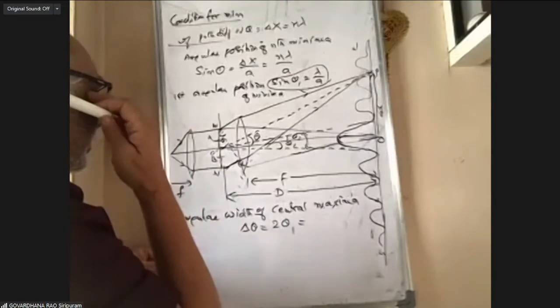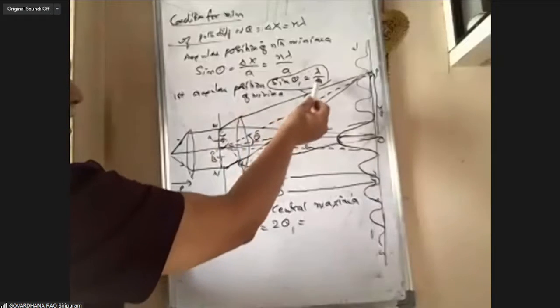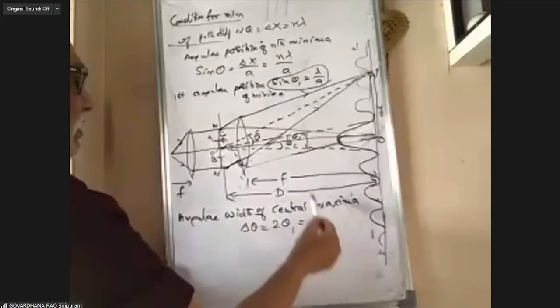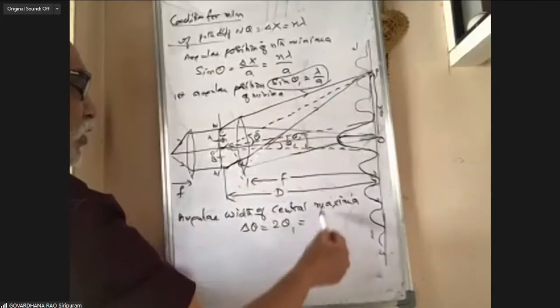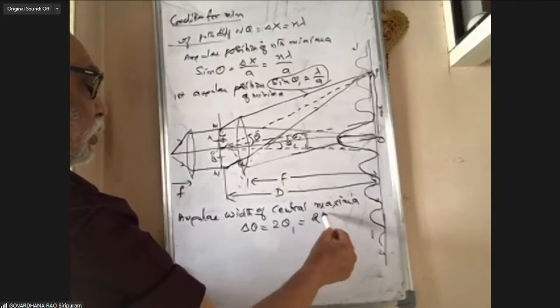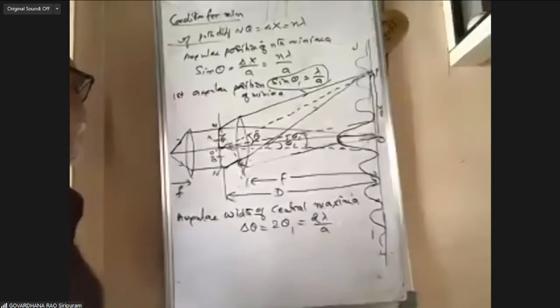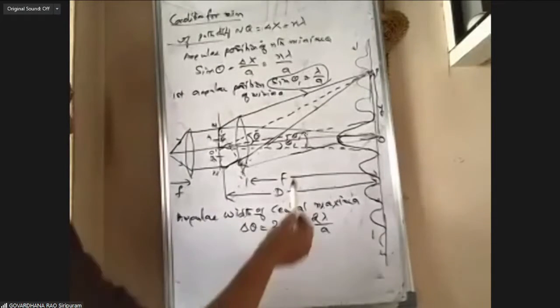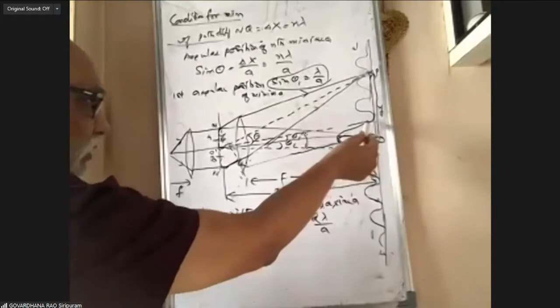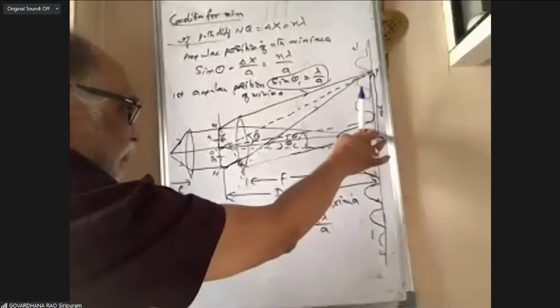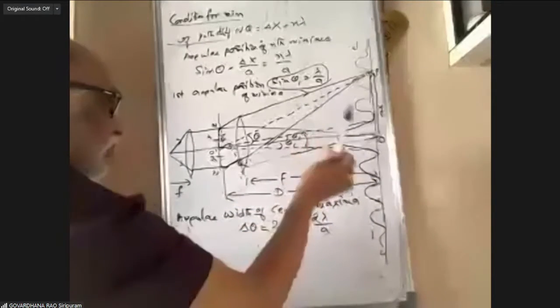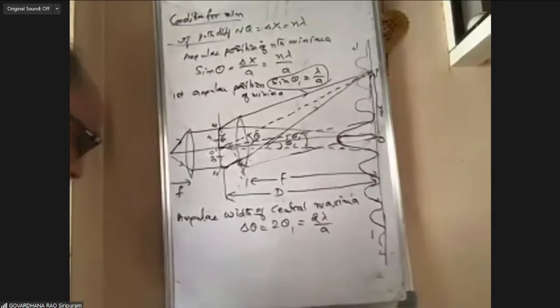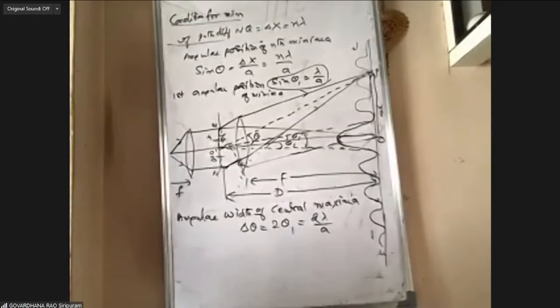Theta 1 is lambda by a, since sin theta and theta are approximately equal. So 2 lambda by a is the angular width of central maxima. This whole region is called central maxima. Okay.